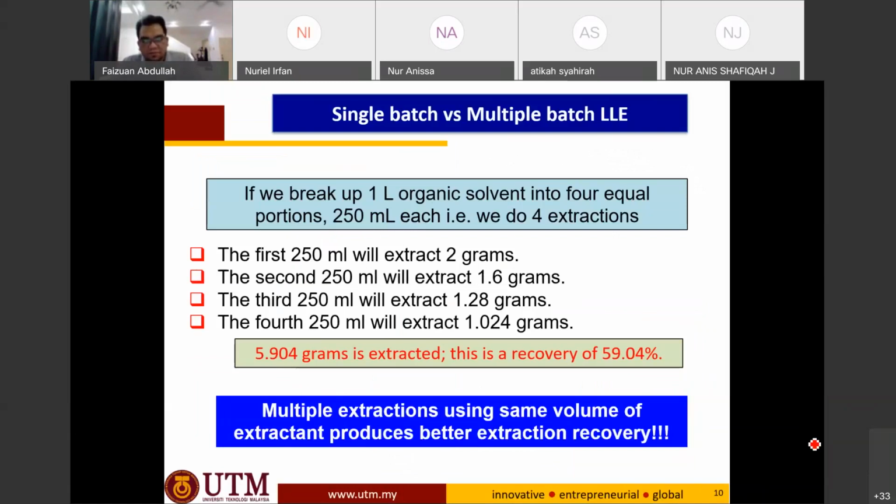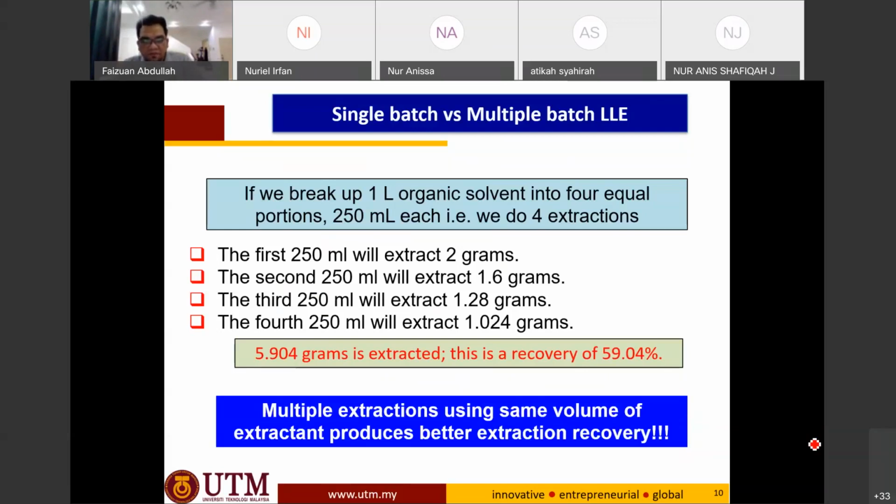So if you break up 1 liter organic solvent into 4 equal portions, 250 ml for each. For example, we do 4 extractions instead of 1 time or 2 times. The first 250 ml we extract 2 gram, the second 250 ml we extract 1.6 gram, the third 250 ml we extract 1.28 grams, and the fourth 250 ml we extract 1.024 grams.